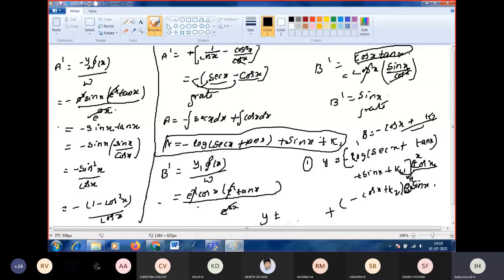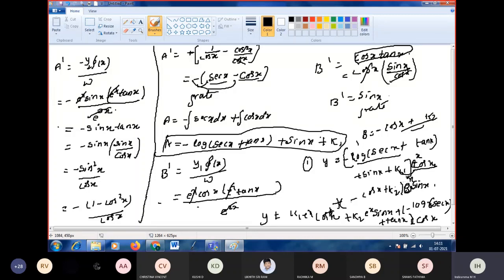So write the first and second terms: k1 into e power x cos x, plus k2 into e power x sin x, plus minus log of secant x plus tan x into e power x cos x.